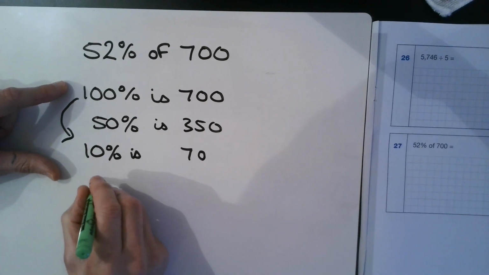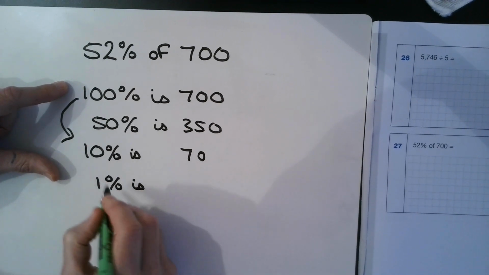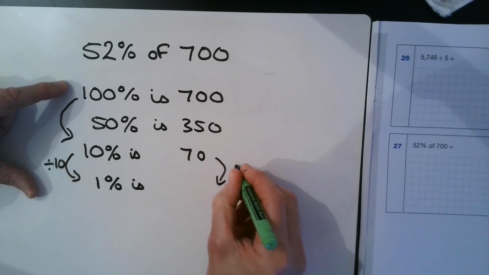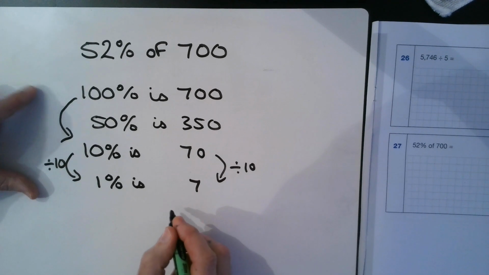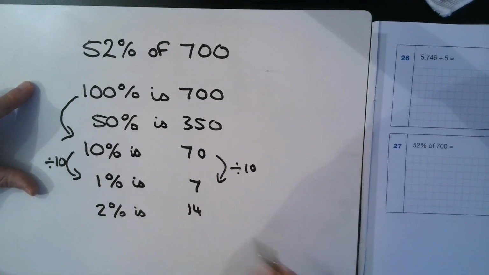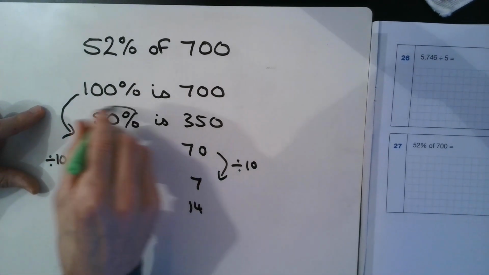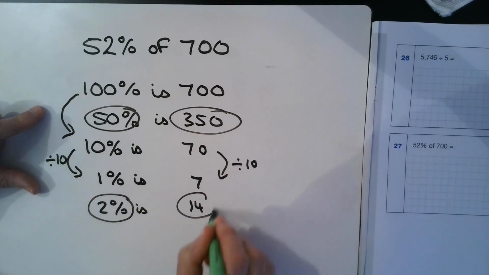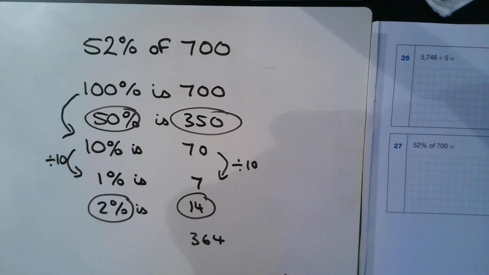Okay, I think I'll find 1%. 1% is divide by 10 again, as long as you do the same thing to both sides. So 1% is 7, so 2% is 14, and then you want 52%, so you're going to add the 50% and the 2%. So 350, add 14, and that will give you 364.